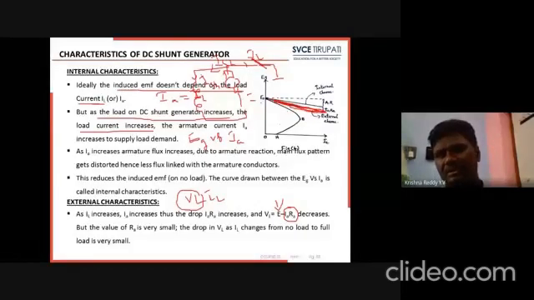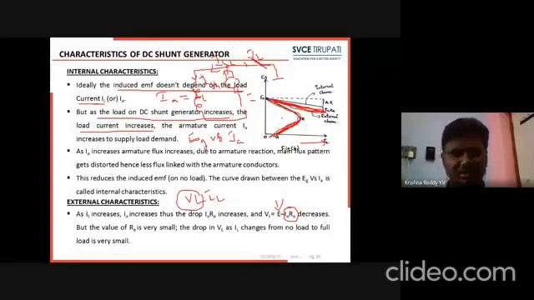So this curve represents the separately excited DC generator. If you keep increasing the load current, the voltage decreases up to a certain value and reaches zero like this. It's not important up to that level.